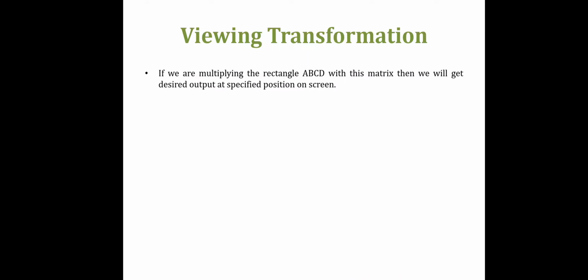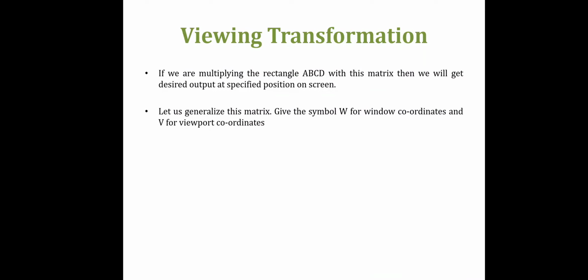How? Let us see. If we multiply the rectangle ABCD with the matrix, we will get the desired output at the specified position on the screen. So, we can have a direct derivation instead of multiplying all 3 matrices.